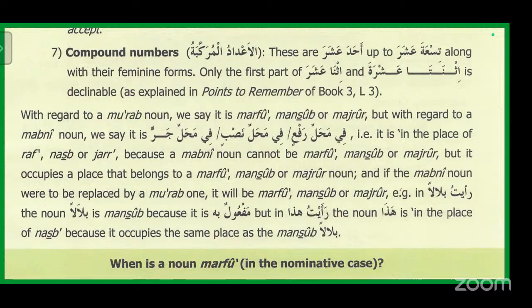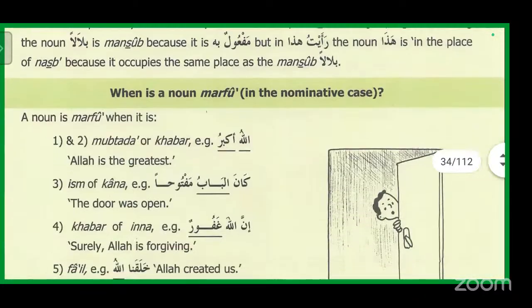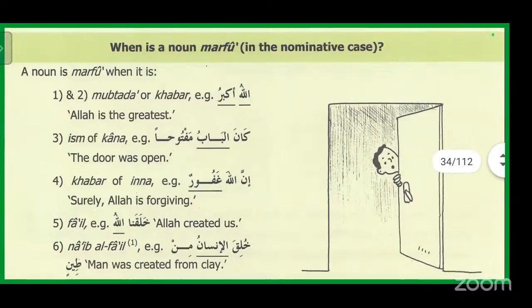When is a noun marfu in the nominative case? A noun is marfu when it is one and two, mubtada or khabar. Example, Allahu Akbaru, Allah is the greatest. Number three, ism of kana, al babu maftuhan, the door was open. Babu is ism kana.